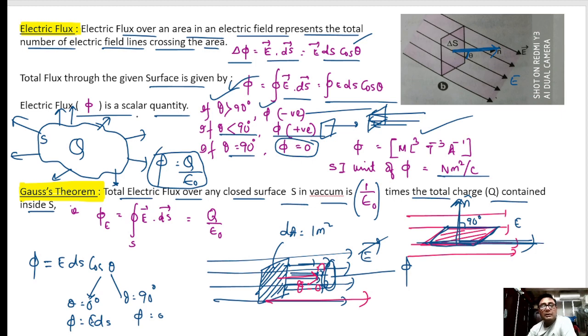So please remember it. This is Gauss's theorem. So the line integral of E dot ds will be Q by epsilon O if it is in vacuum. If it's in any other medium, Q by epsilon O epsilon R. Please remember this.